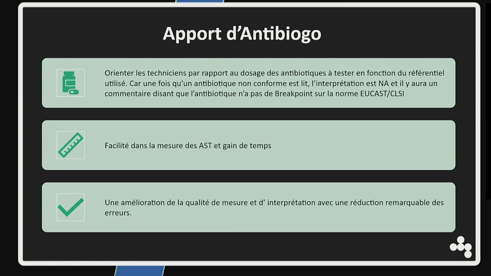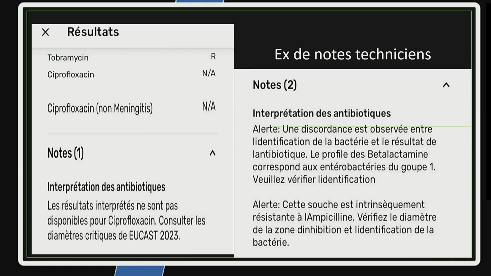Also, it improves the quality of the results, hence of interpretation. All the problems I pointed out, the lack of knowledge on the part of lab technicians, lack of knowledge about intrinsic resistance, sensitivity, susceptibility, all that information is embedded in the tool. So it yields great quality results, and it gives you great feedback on the errors possibly made.